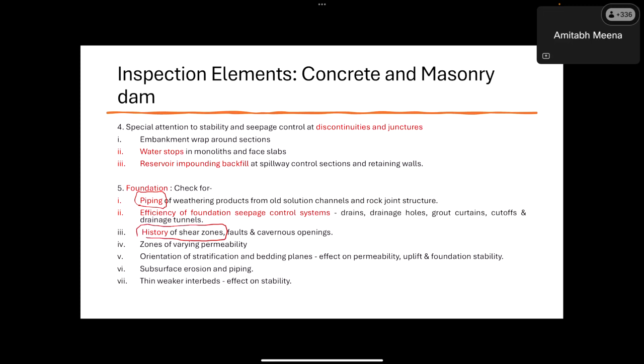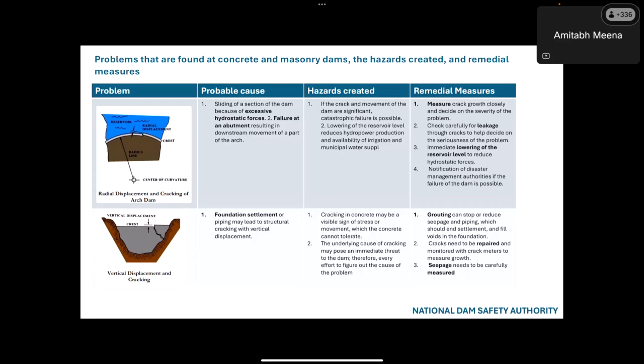Generally this is covered in the CDSE, the comprehensive dam safety evaluation. But if we see some symptoms like faulting, rupture, cracks, then we have to go into those factors also. So we'll see some of the phenomena here one by one.